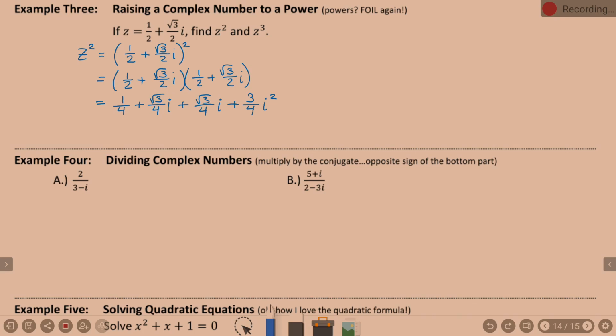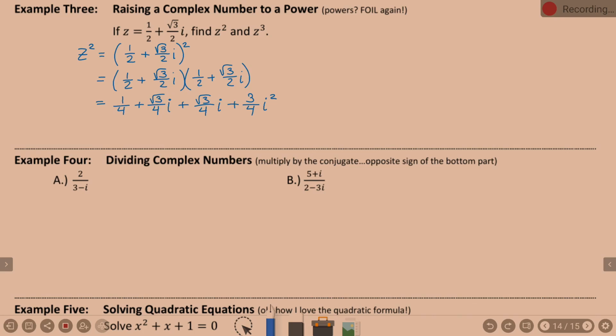Okay. We're looking for some cleanup here, yes? Let's see. What cleanup do you see? I'm just going to start with the easy one. Make 3/4 negative. Okay, so 3/4 i squared.